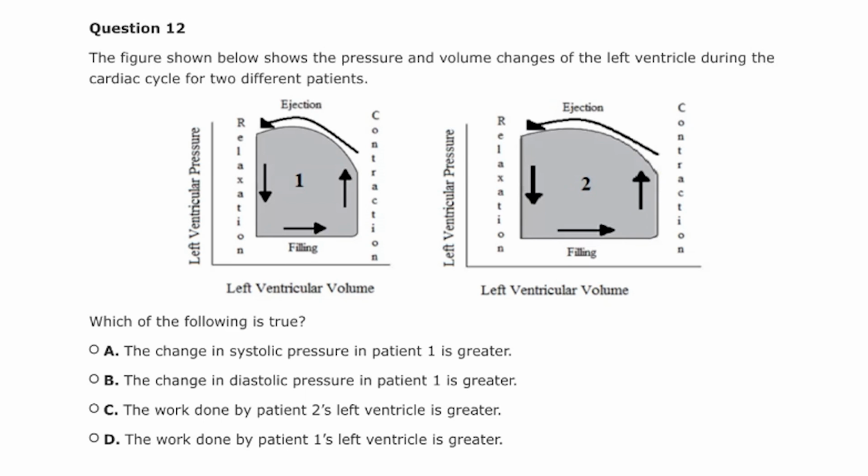So the figure shown below shows the pressure and volume changes. So pressure, all right. I would choose to interpret this as the change in pressure during systole. So looking at left ventricular pressure, I said right at the beginning, the relaxation, contraction stuff, those look relatively the same.